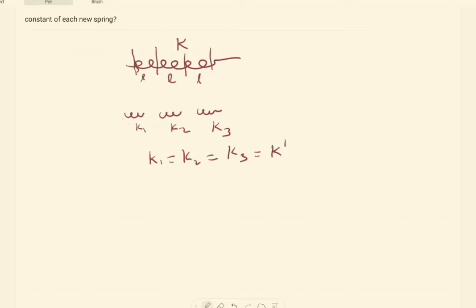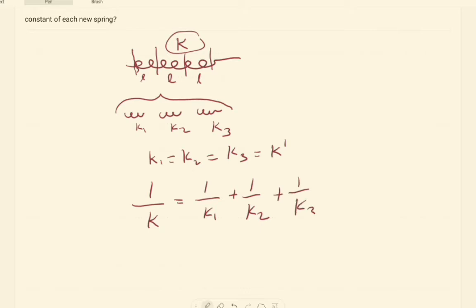Here, we can assume the three springs as series-connected springs. When they are connected in series, the effective spring constant k is simply given by the relation 1 over k equals 1 over k1 plus 1 over k2 plus 1 over k3.